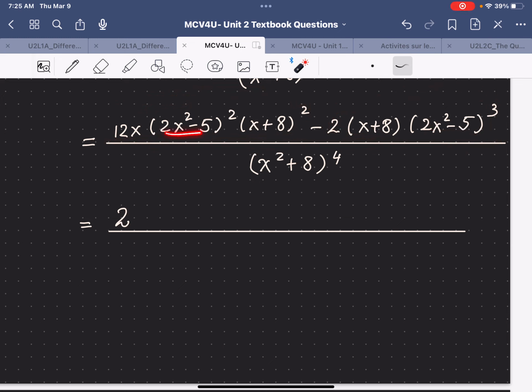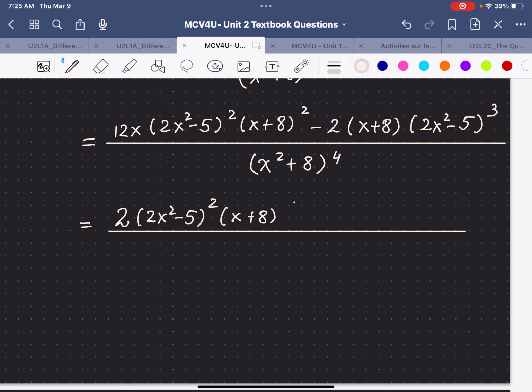As you can see, 2x² − 5 has powers 2 and 3 in each group of terms. So that means 2x² − 5 is common, and we take out the smallest power, which in this case is 2, and then x + 8 is common. Here's power 2, here's power 1, so the smallest power, power 1, comes out.